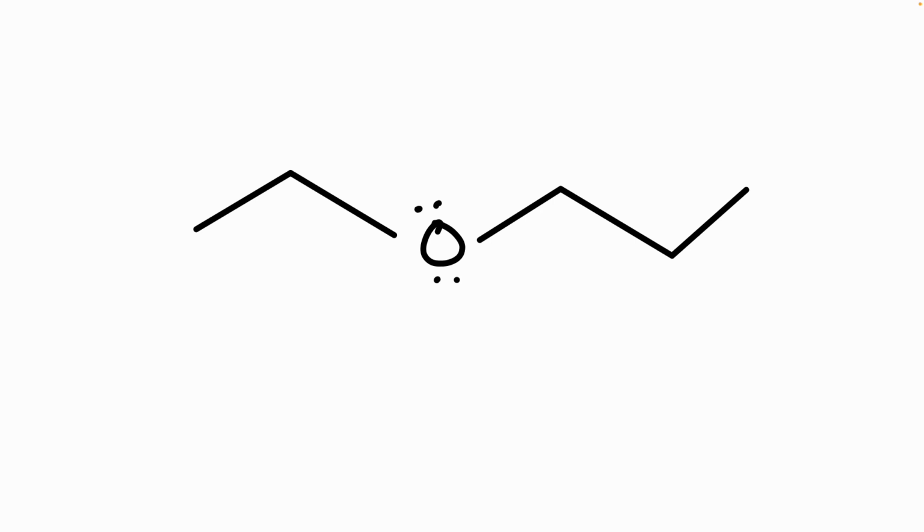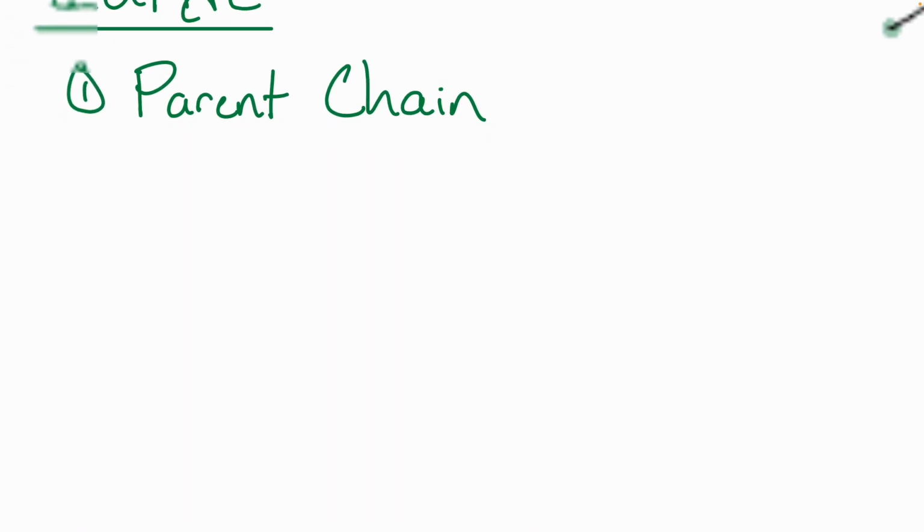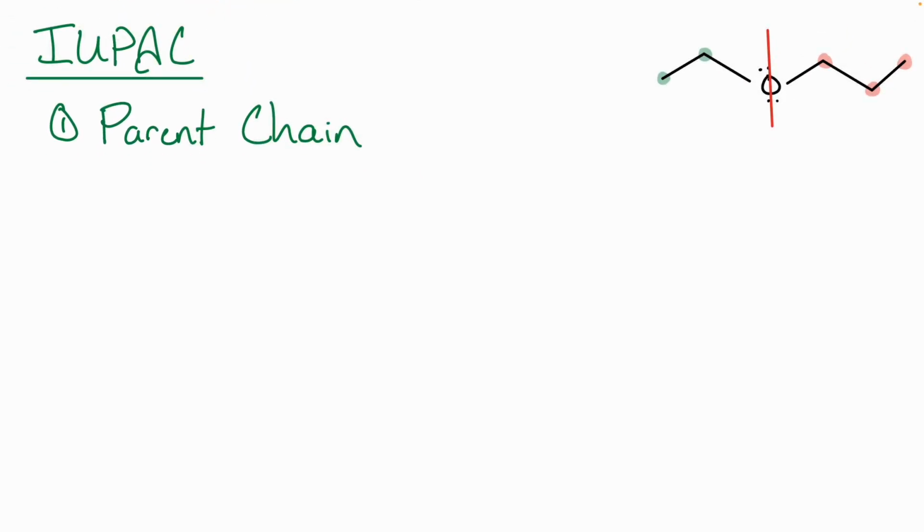So again, I'm going to chop here. On the one side, I have 2 carbons. On the other side, I have 3 carbons. So what's my parent chain, left or right? The right-hand side with the more carbons. All right, so for our IUPAC, again, we're going to chop at our oxygen.